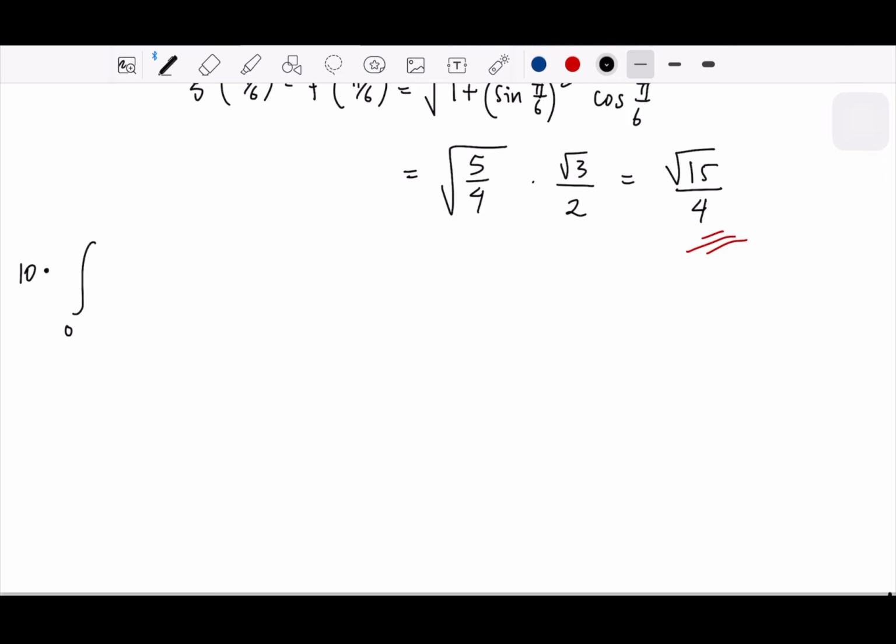I think the integral from 0 to 1 of f of x dx equals 4 or 2, right? And then what's the question? The integral from 0 to 1 of 1 minus x, and then it has f of x squared minus 2x plus 1.